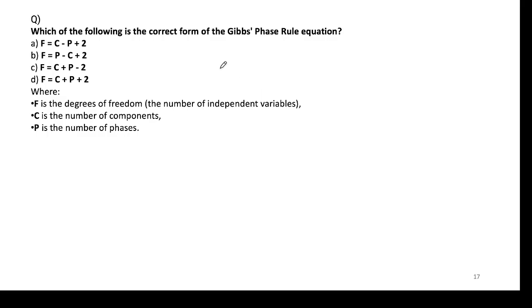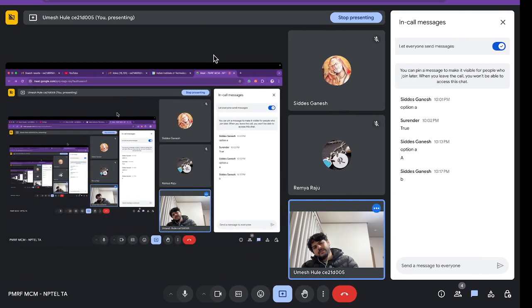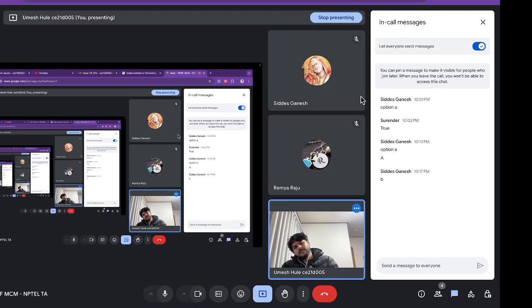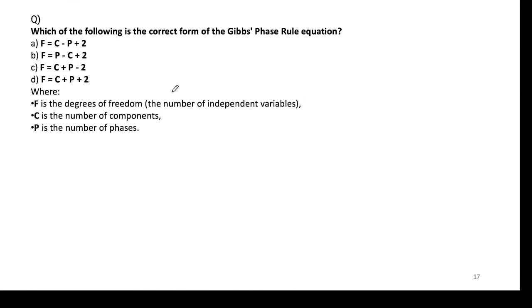Anyone? Guesswork is fine. Okay, let's see the answer and then we'll move forward to the next question.